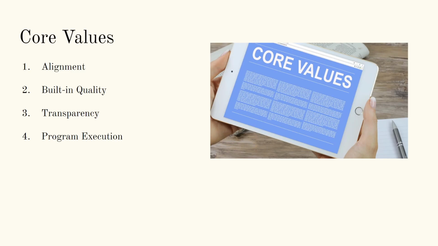So, alignment really starts with a strategy and investment decisions at the portfolio level. And built-in quality is the assurance that flow, architectural design, code quality, system quality, and release quality are all considered and built into the process. So typically, whenever you think of built-in quality, I'm sure DevOps comes to mind.